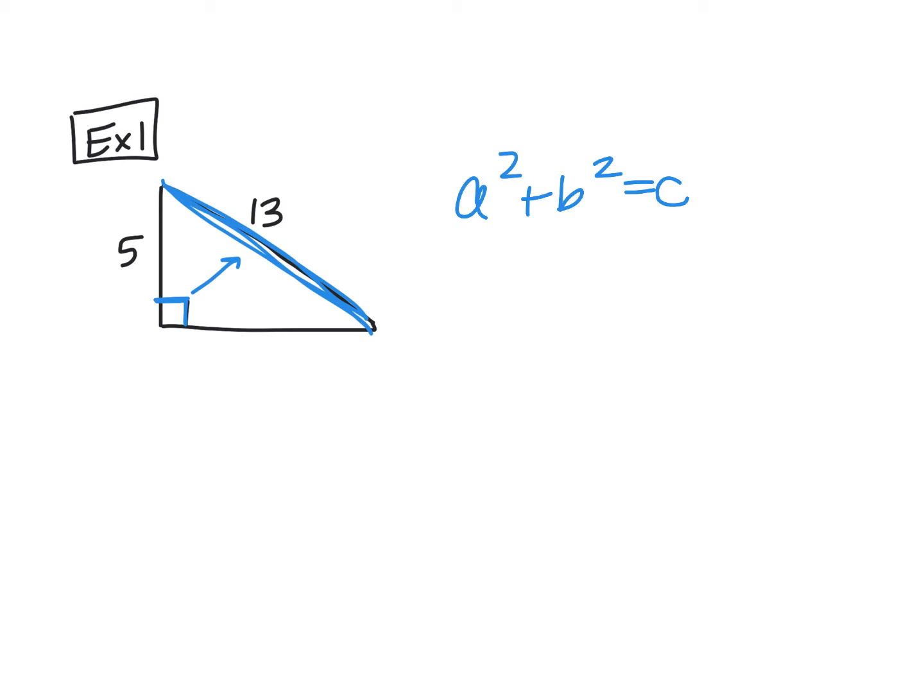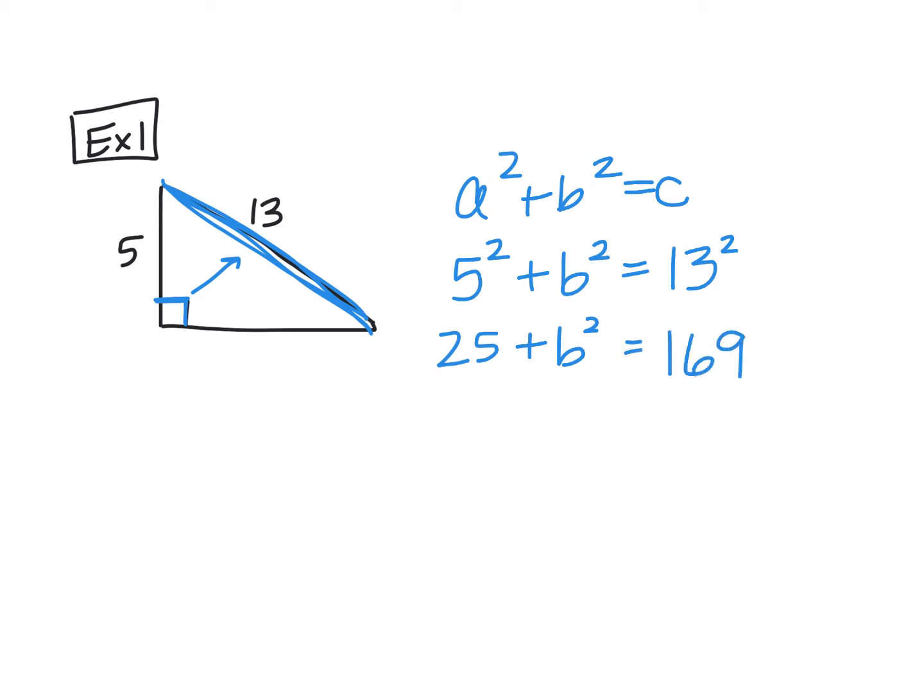And then 5 can be either a or b. So I'm just going to plug this in here. 5 squared plus, I don't know the bottom, so I'm going to call it b squared, equals 13 squared. Now, these are numbers that you should know. 5 squared is 25, plus b squared, and then 13 squared is 169.